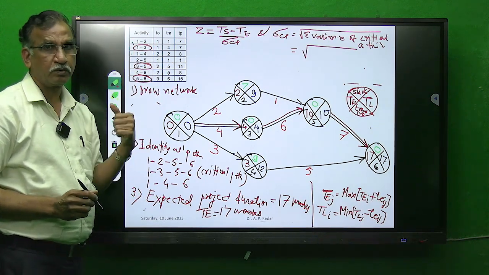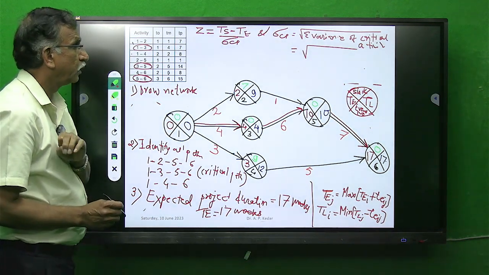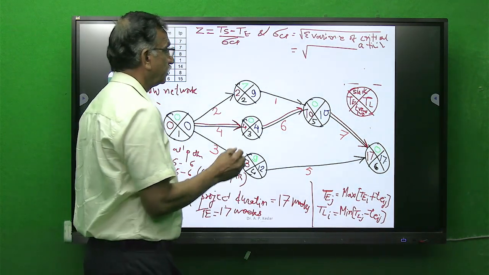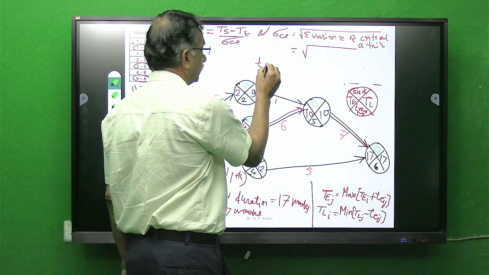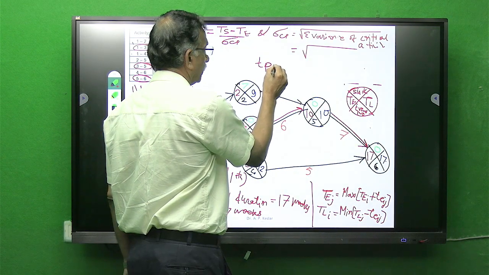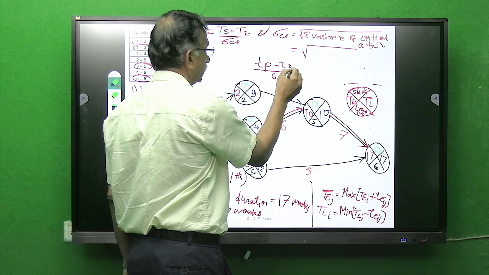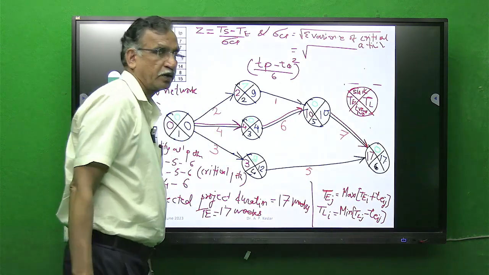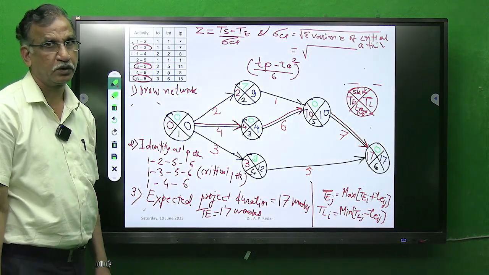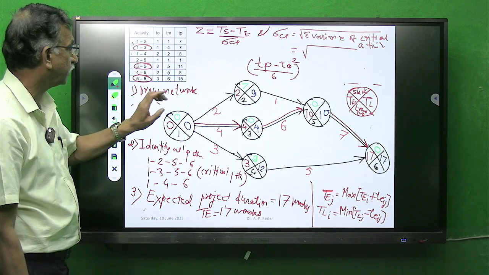If you recall our earlier formula, variance is Tp minus To by 6 whole square. That is the formula for variance for any activity. I am using the same formula. Do not get confused.